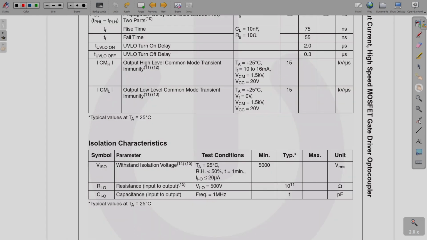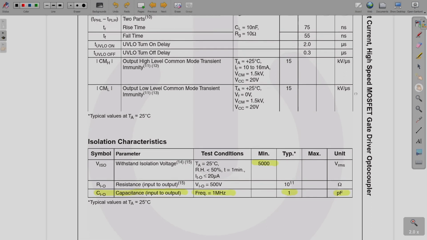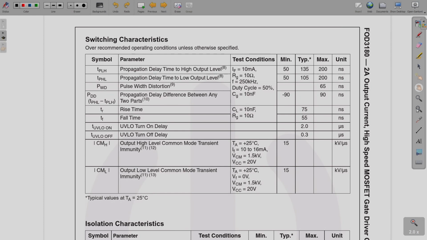Then for isolation characteristics, the input to output coupling capacitance is given as 1 picofarad. Okay, the isolation voltage level we had already seen, and the resistance input to output is also provided in the isolation characteristics. And further, the common mode transient immunity is given as 15 kV per microsecond.